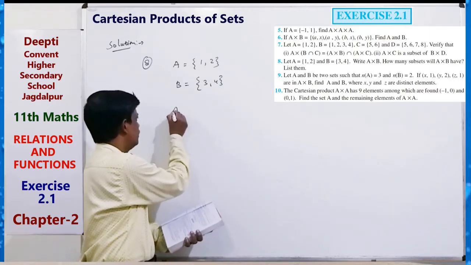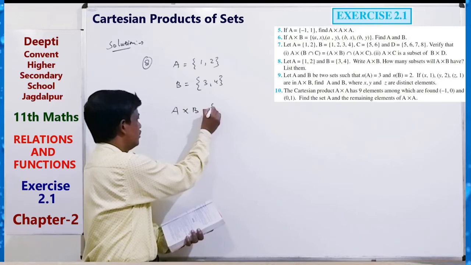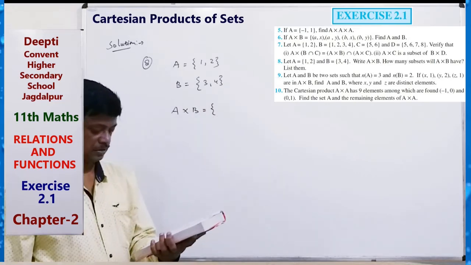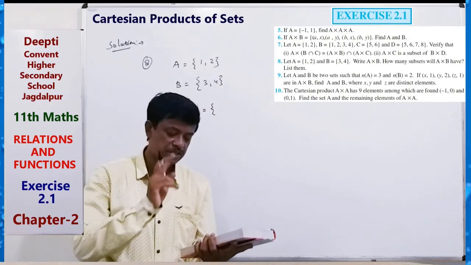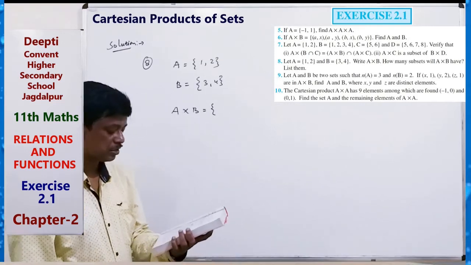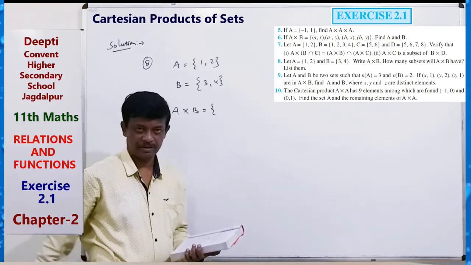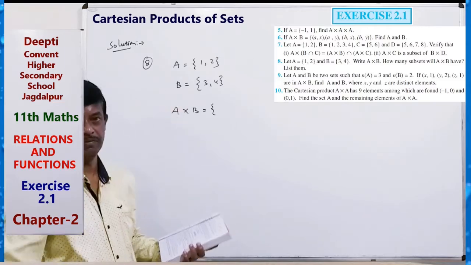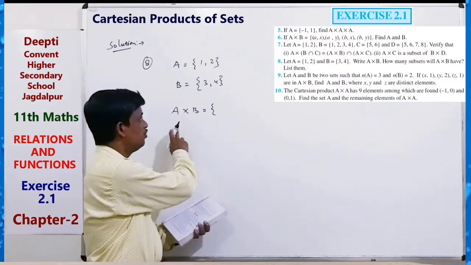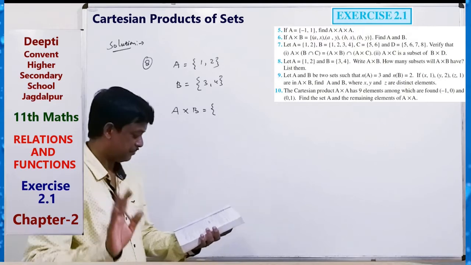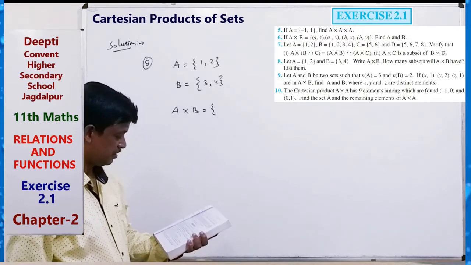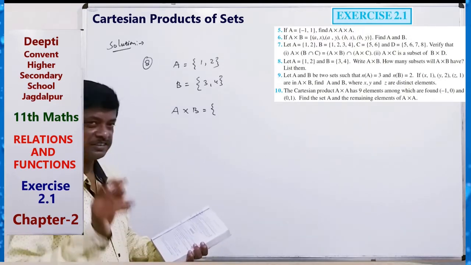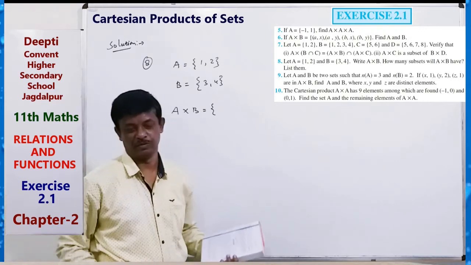Write A cross B. How many subsets will A cross B have? And list them.